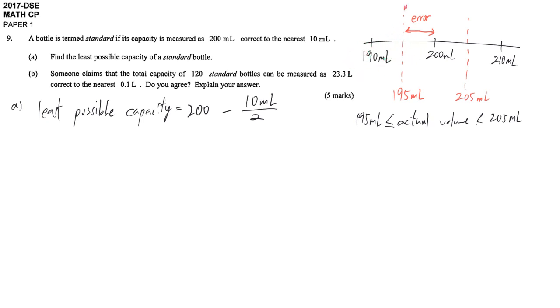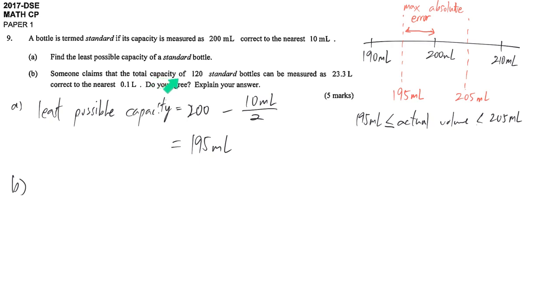So this is called the maximum absolute error. If we ask what the maximum absolute error is, you will tell me it's 10 divided by 2. And if I ask you the percentage error, then you use the maximum absolute error divided by the measured value. So we get 195 ml here. Then we proceed to part B.